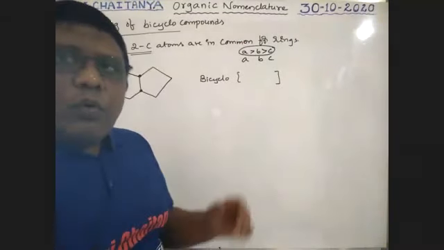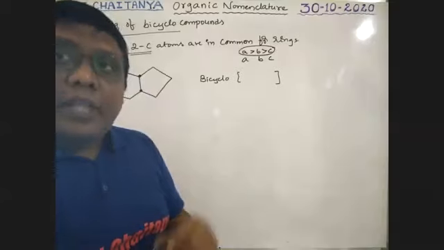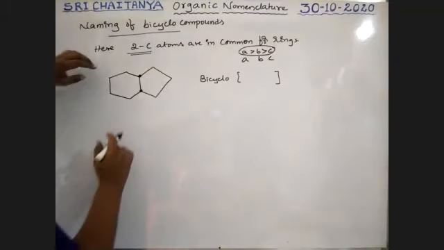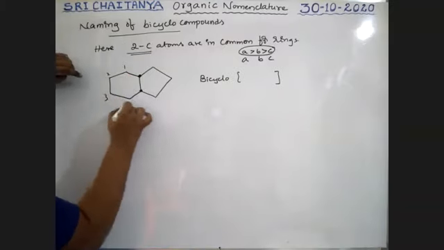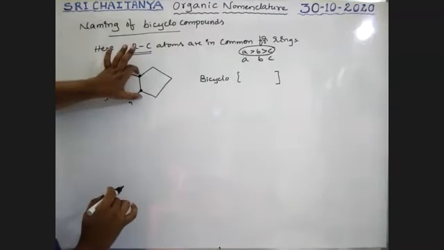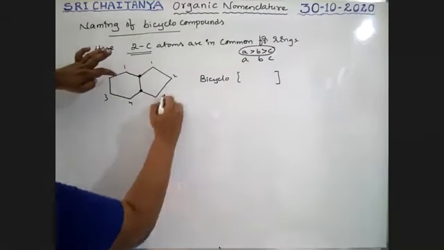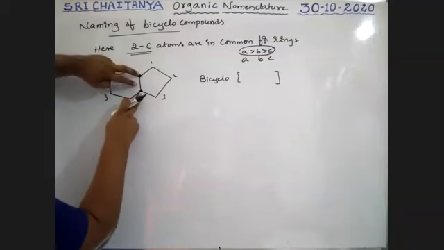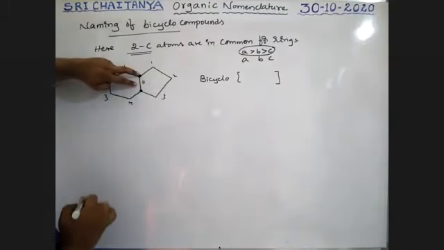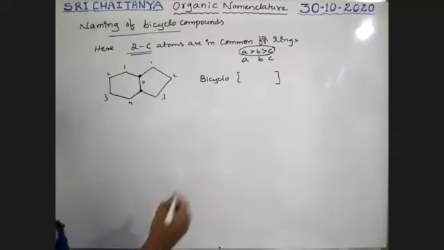These are the number of carbons present in each chain. See here, boys. In this case, 1, 2, 3, 4 carbons are there. Exclude these two. Next, here 1, 2, 3 carbons are there. Exclude. Between these two carbons, how many carbons are there? 0. So 4, 3, 0.